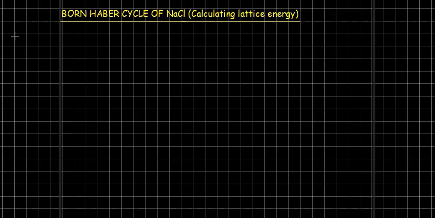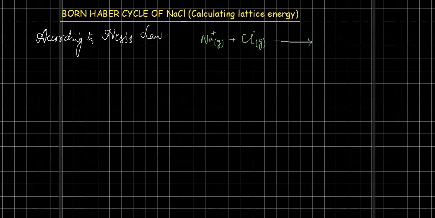So according to Hess's law, we can write sodium ion in gaseous state plus chloride ion in gaseous state, they form the ionic lattice of sodium chloride.